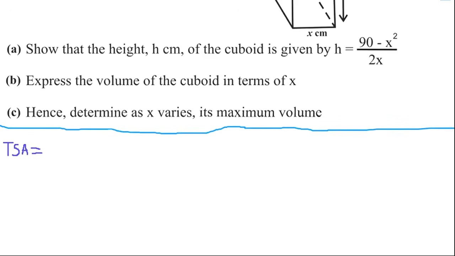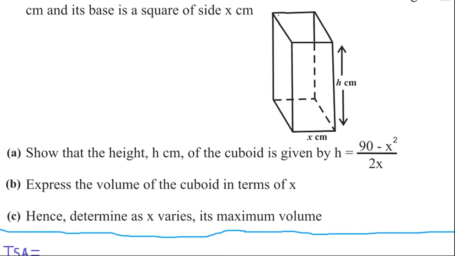So the total surface area is equal to, the way we deal with the total surface area of the cuboid, you have to identify each part which makes a cuboid. A cuboid is made up of these two: the square which is up, and the square which is down.